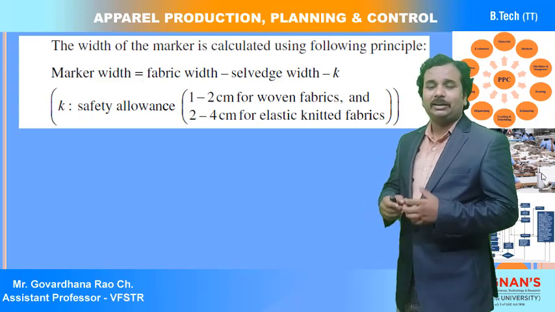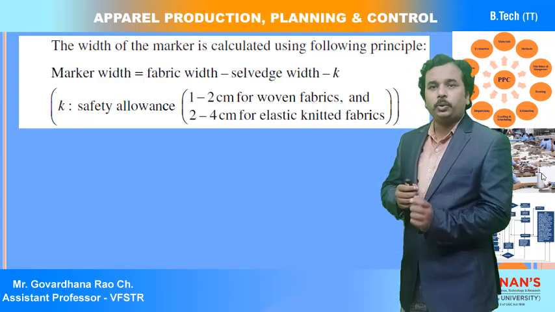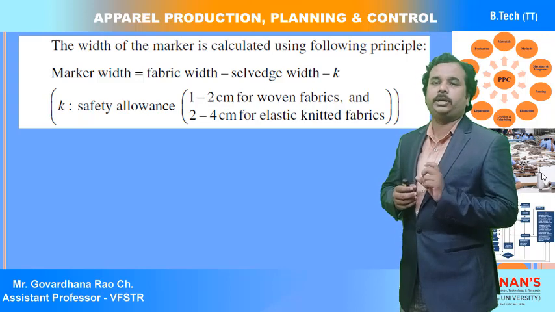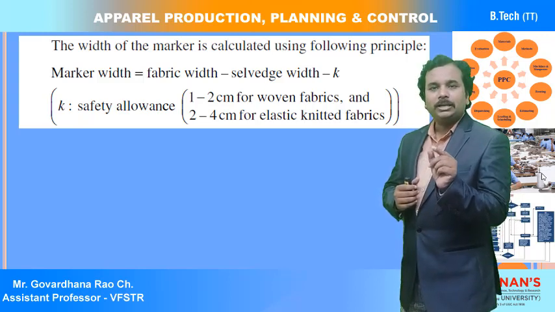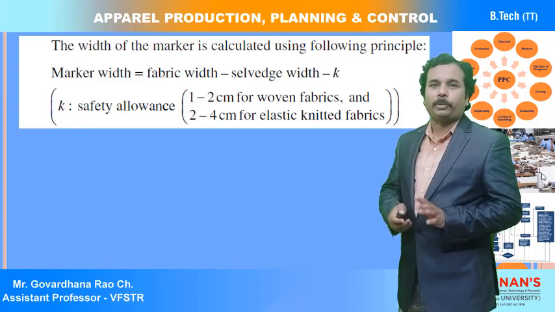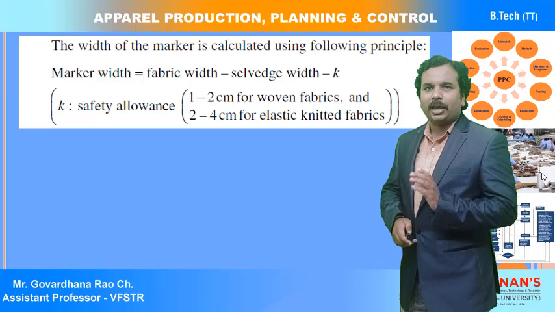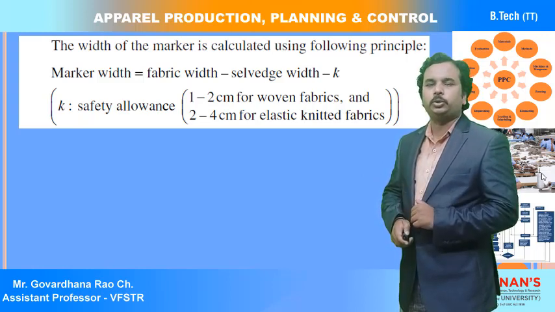While cutting the fabric components, we need to have some space in between the two components while preparing the marker, so that the cutting can be done properly. And for elastic or knitted fabrics, 2 to 4 centimeter we are going to keep.